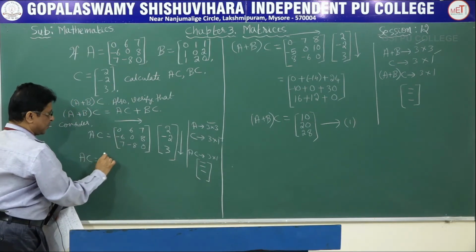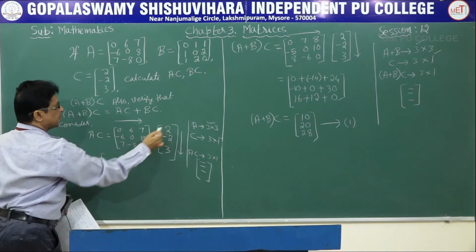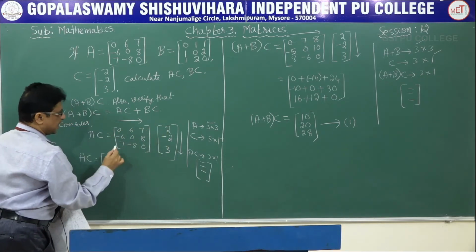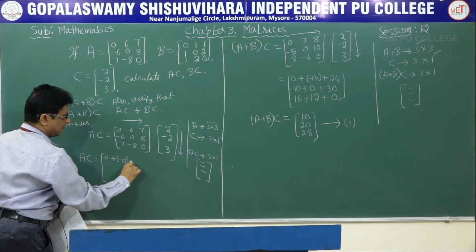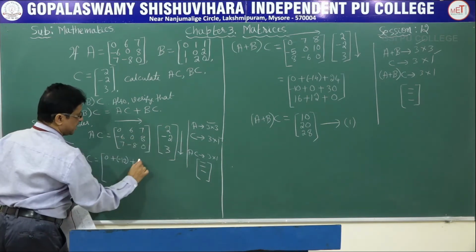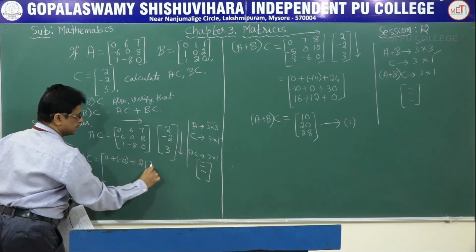So AC is equal to 0 into 2, 0, plus 6 into minus 2, minus 12, plus 7 into 3, 21.